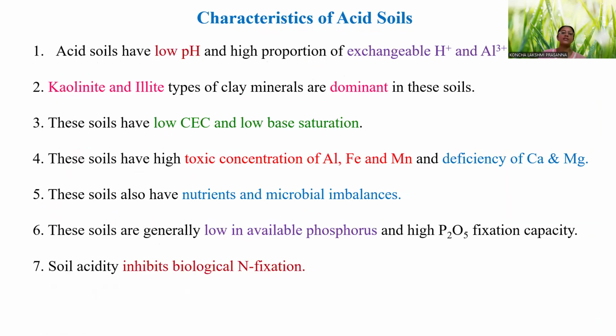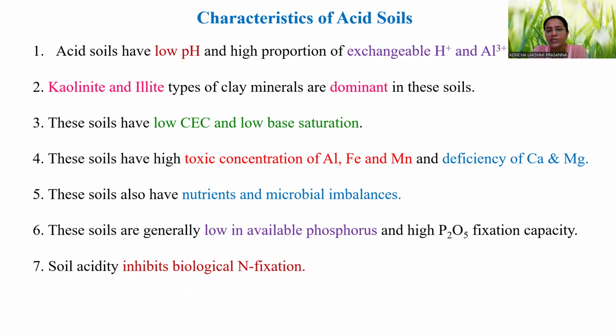Characteristics of acid soils. Acid soils have low pH and a high proportion of exchangeable H plus and aluminium ions. Clay minerals like kaolinite and illite are dominantly present in these acid soils. These soils have low CEC and low base saturation because of excessive leaching caused by intensive rainfall.